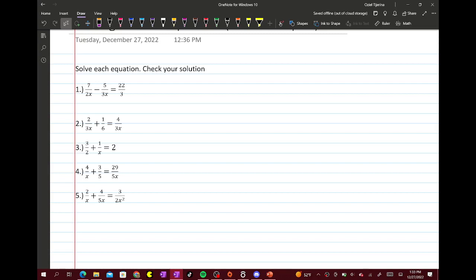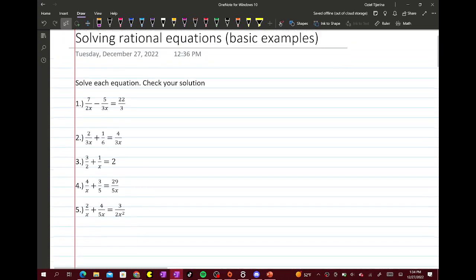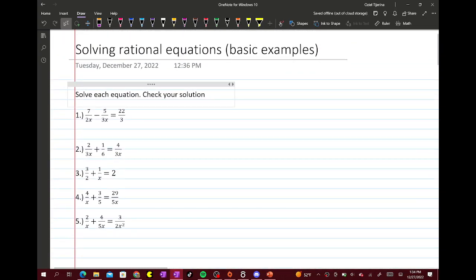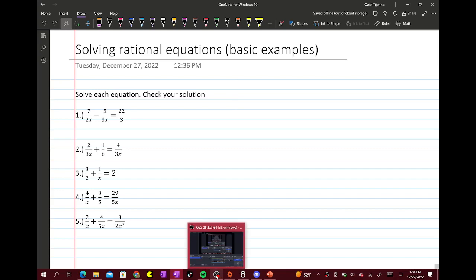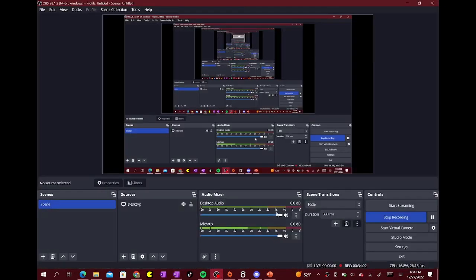All you really have to do is know how to add and subtract fractions and how to add and subtract rational expressions and all that good stuff. These are very simple because they have a monomial on the bottom. So they're really not that difficult, but if you do have trouble with it, or if this didn't make sense, please let me know.